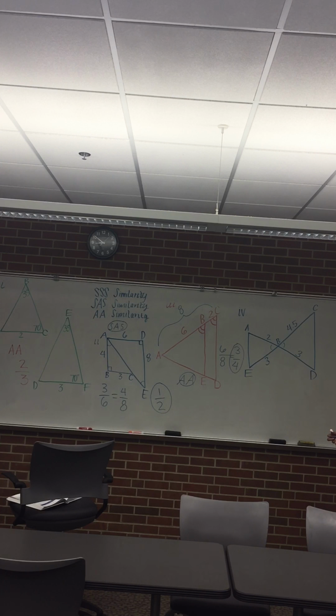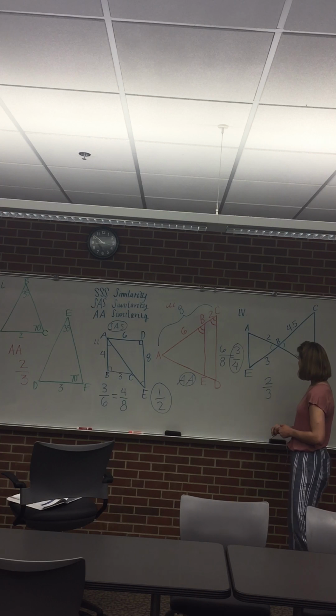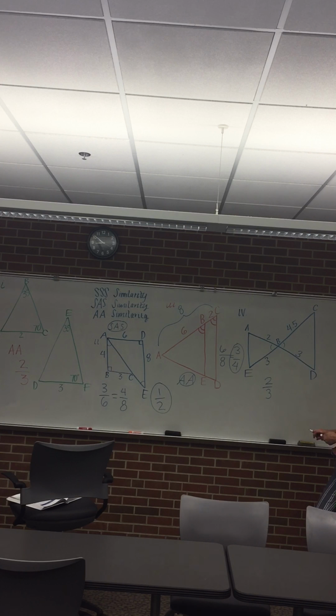My first step is looking at AB, which corresponds with BD, so I'm going to set up my fraction there. We also have EB, which corresponds to BC, and that is 3 over 4.5, and that is also equal to 2/3.